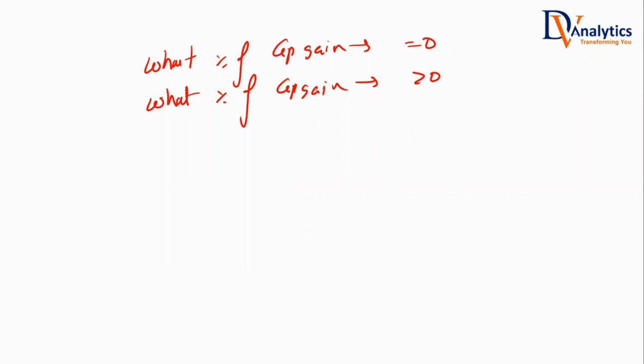First one, second one, both of them in one message. What percent are 0, what percent are greater than 0.